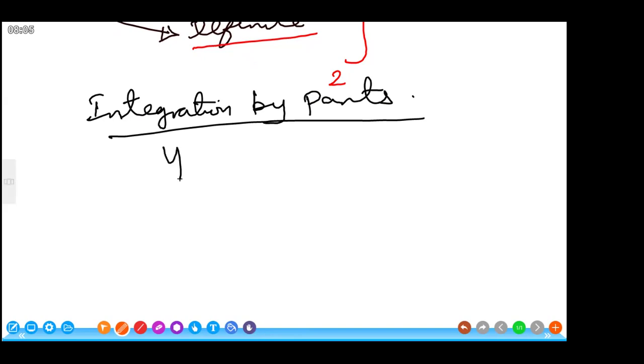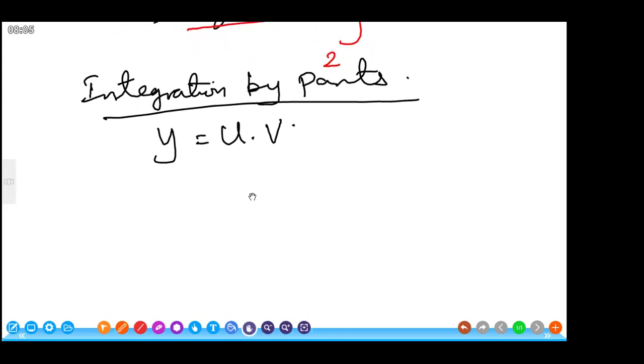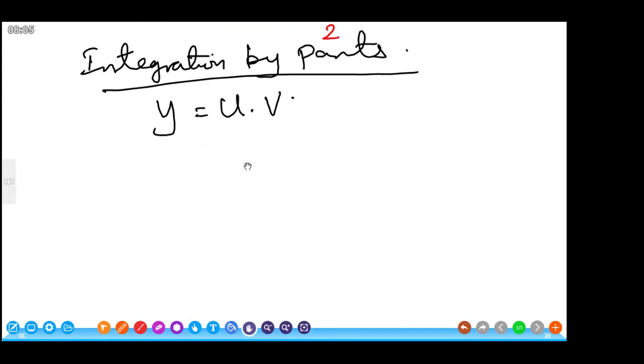Suppose y is a function which is given as u into v. A normal function. If you differentiate y with respect to x, how could we write it? Recall your differentiation rule.